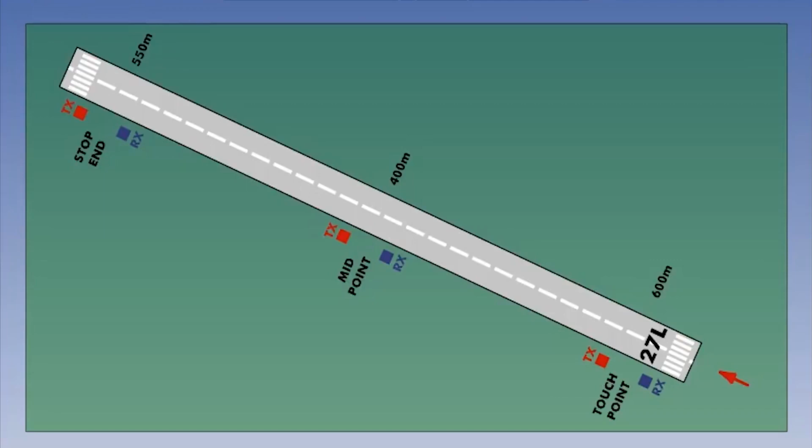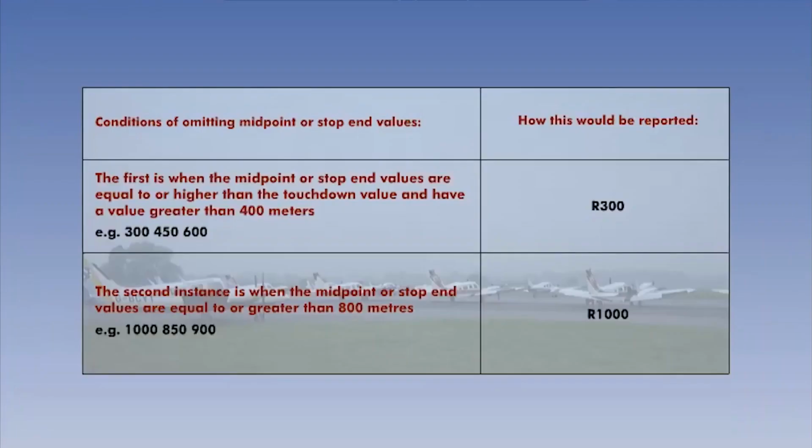Midpoint or stop-end values are omitted in two instances. The first is when the midpoint or stop-end values are equal to or higher than the touchdown value and have a value greater than 400 metres. For example, readings of 300, 450 and 600 would be reported as R300.